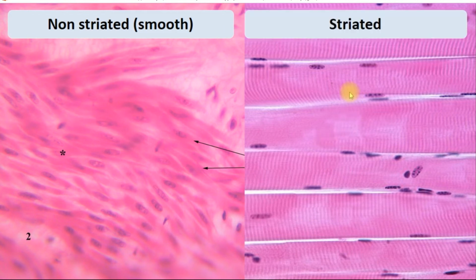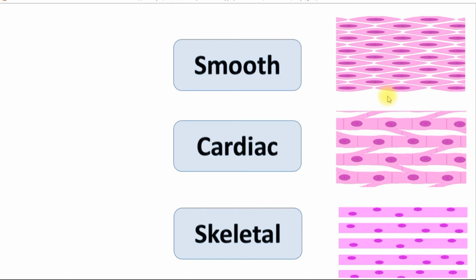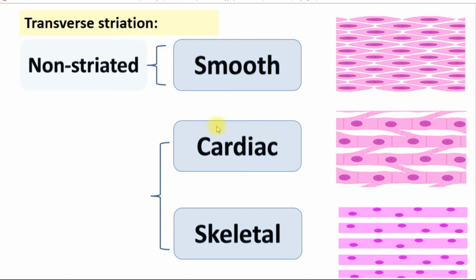Smooth is non-striated, and cardiac with skeletal are striated muscular tissues. So it's the first classification: non-striated and striated.